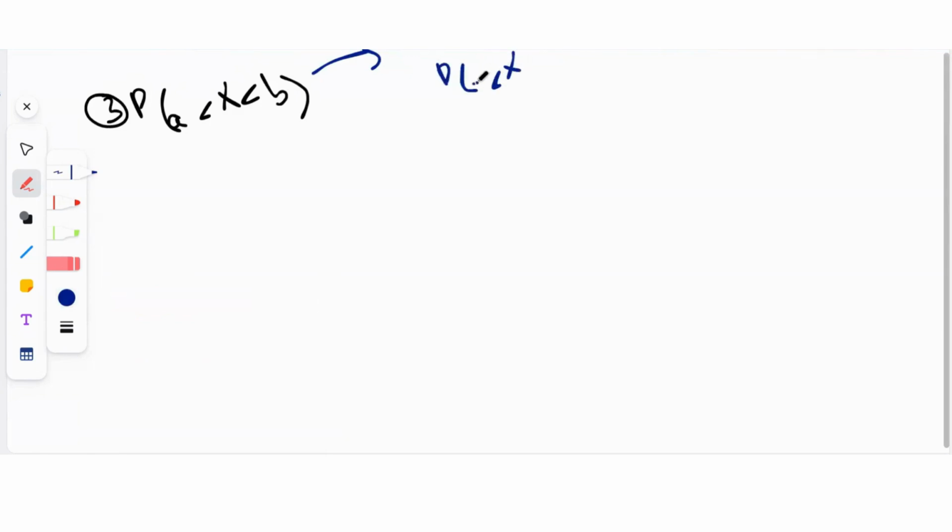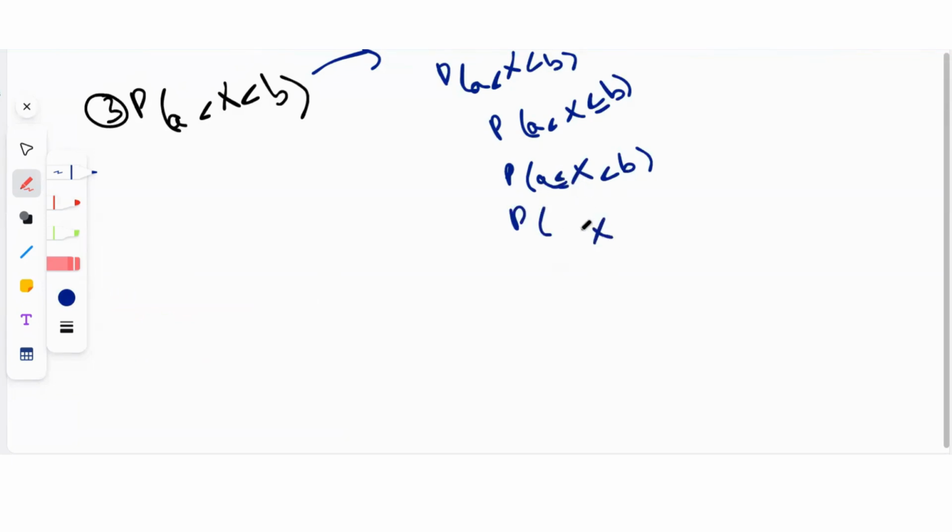Whether I say the probability X is between a and b, or the probability X is greater than a and less than or equal to b, or greater than or equal to a and less than b, or greater than or equal to a and less than or equal to b, it's all the same thing for a continuous random variable, because we know the probability at a specific value is 0.